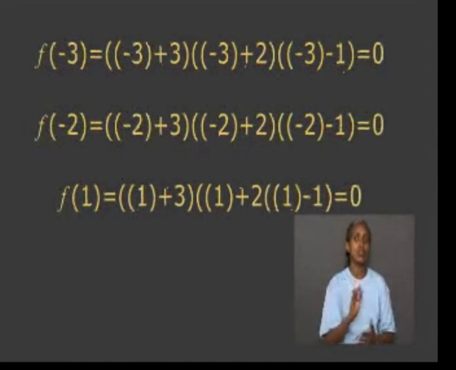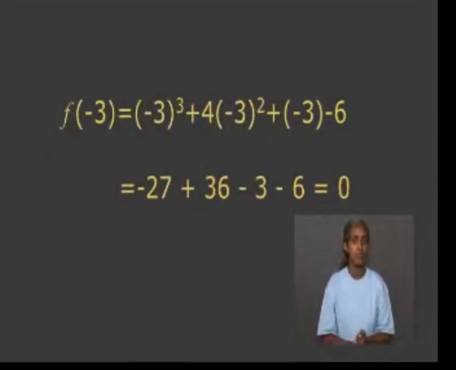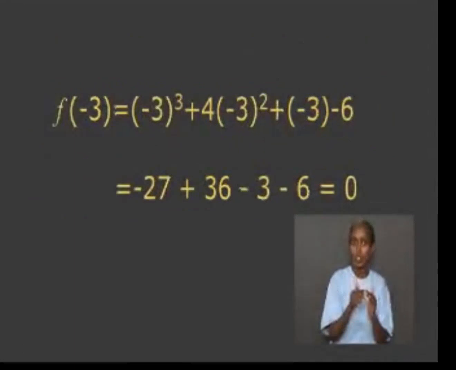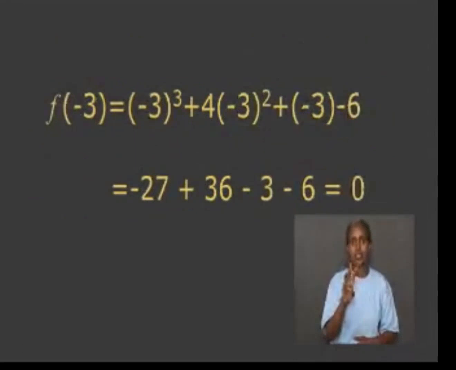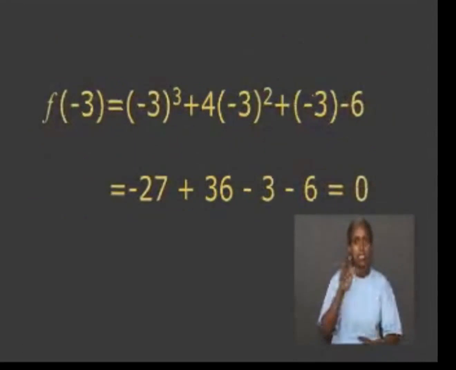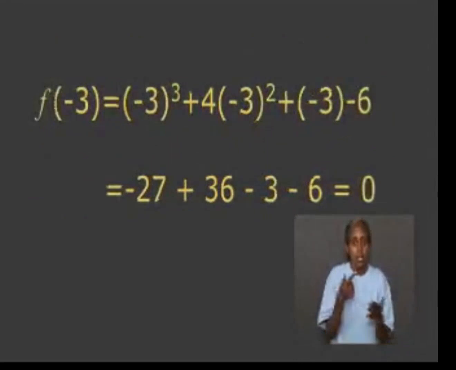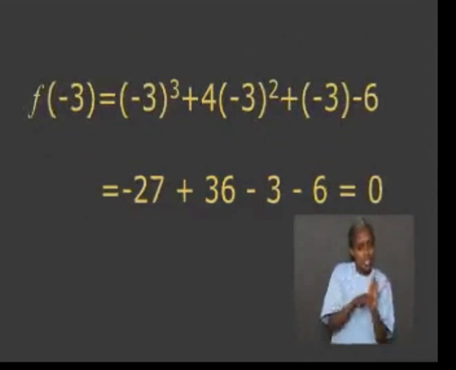Let us test this theory. F of -3 equals -27 plus 36 minus 3 minus 6. This equals 0, so -3 is a zero of this function.